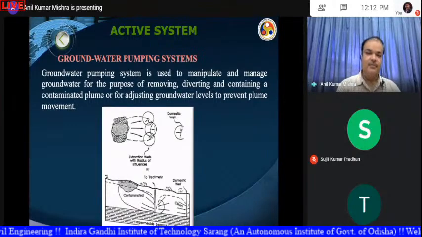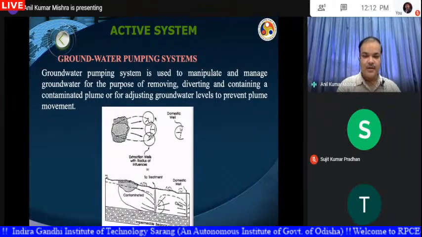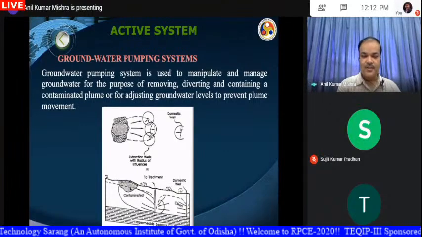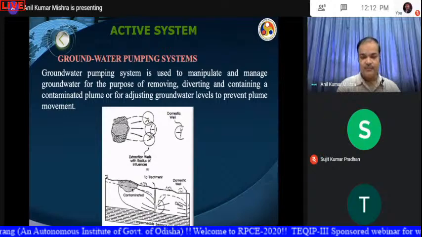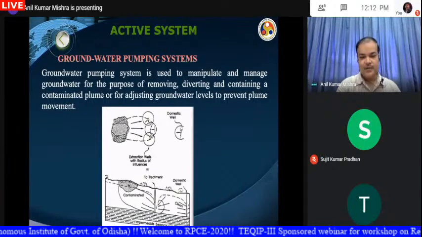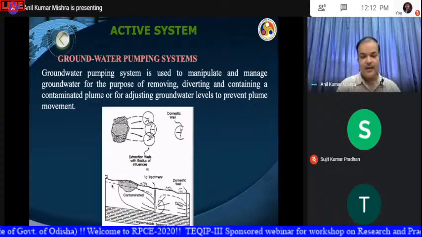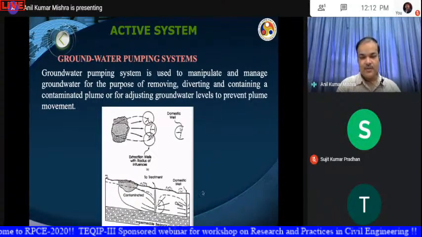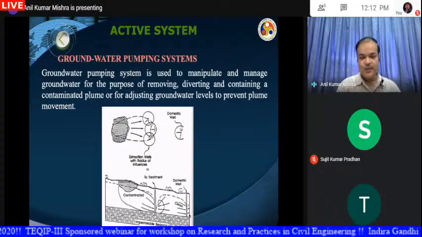Next one is your active system. In active system, we have to lower the groundwater table such that the groundwater will not be able to react with this contaminated soil. So how to do that? We have to dig some wells and take out water. You can see different wells are there.